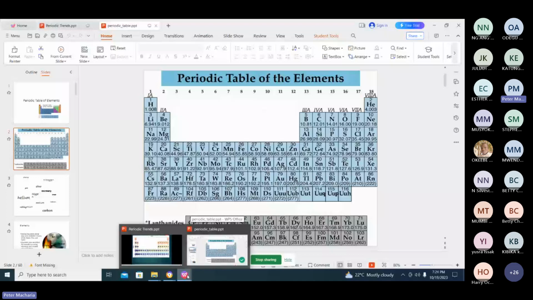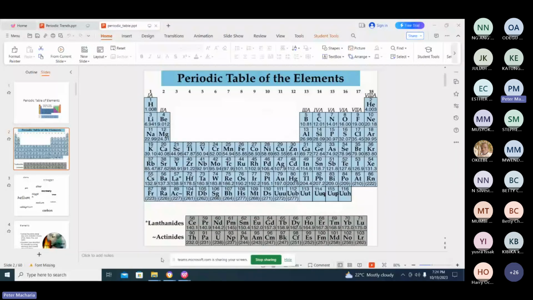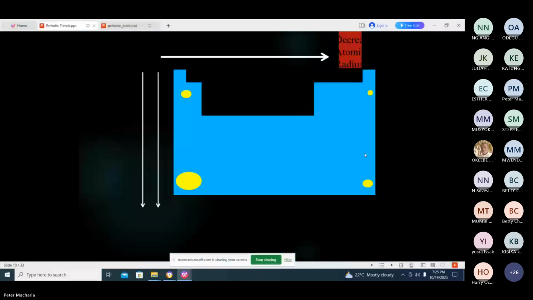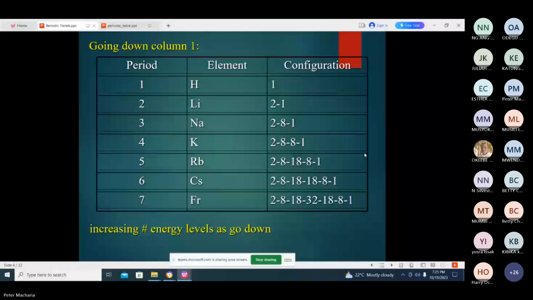So basically, this is the upper part of the periodic table, the main periodic table. Let me go back to the threads. I was using this to explain the trend in terms of atomic radius.